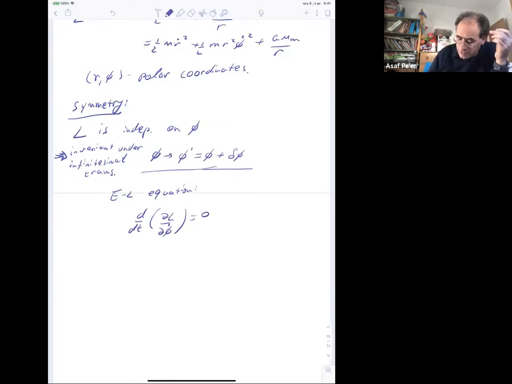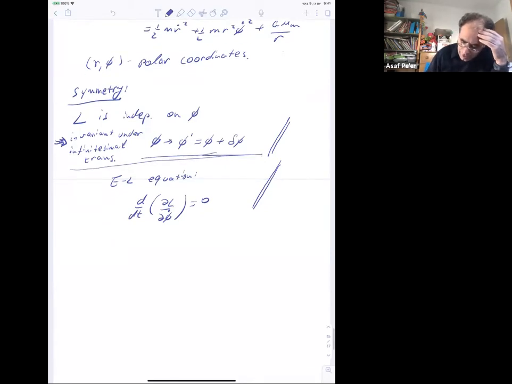So this is the symmetry. And the equation of motion, the Euler Lagrange equation, d over dt of dL over d phi dot equal to 0, means that dL over d phi dot, which we call J, is just m r squared phi dot. What is that?